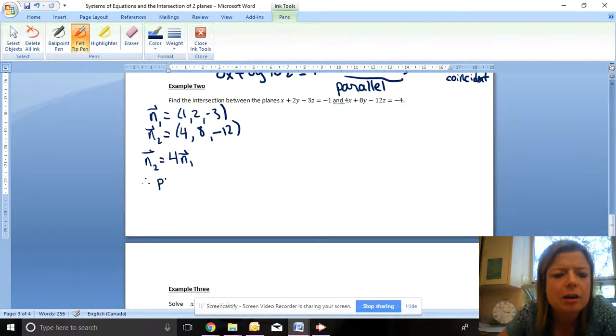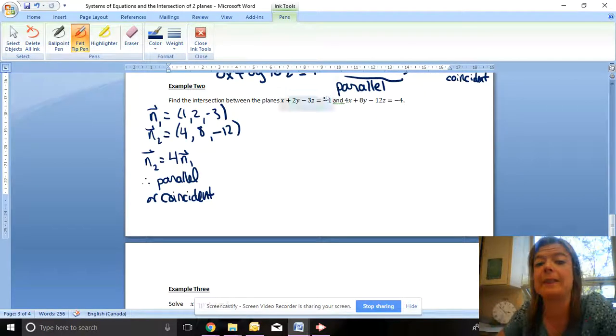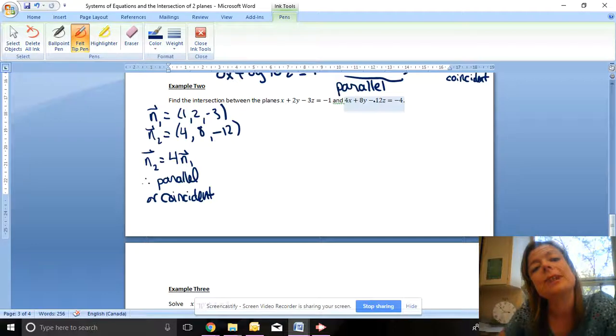So therefore, these are parallel or coincident. So you can just take a look at the constant. Here it's -1 and here it's -4. So that constant is multiplied by 4 as well. The same scalar that we use to multiply the normals can also be used to get those constants. So that's how you can tell these are coincident and not parallel.